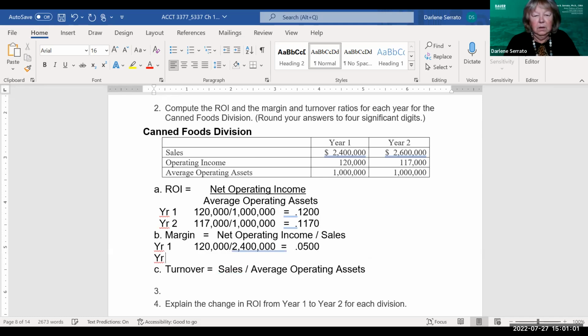In year two, income of 117,000 divided by sales of 2,600,000. So income went down, sales went up, right? So it should be smaller, and it's 0.045.